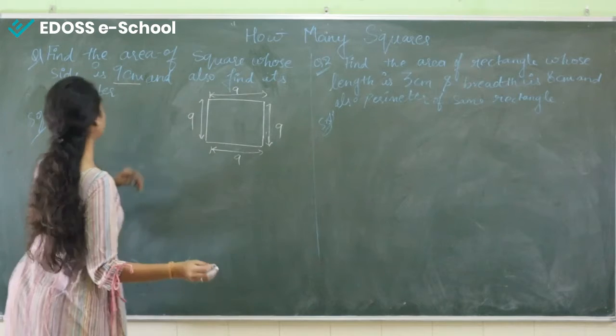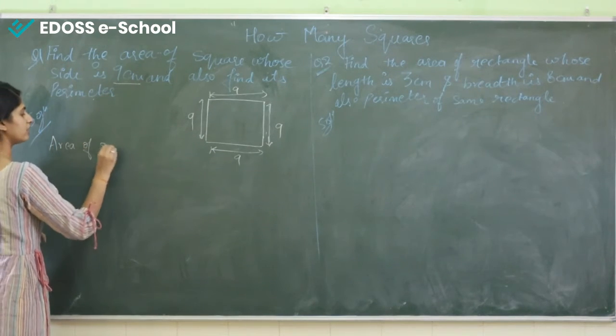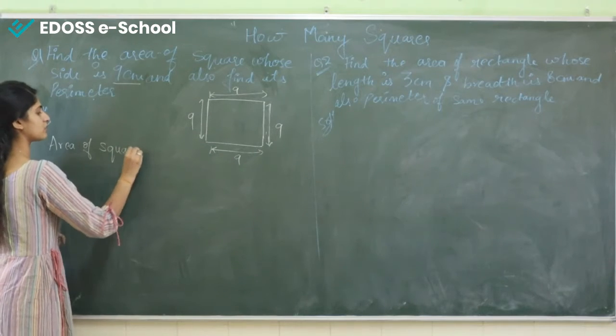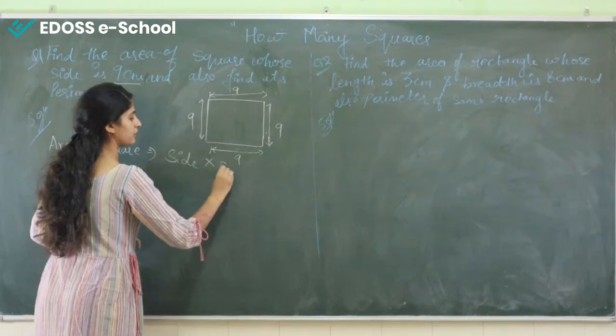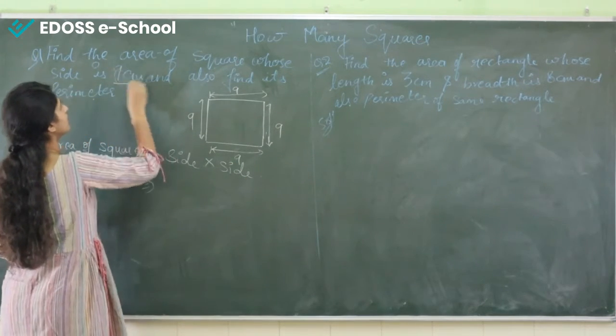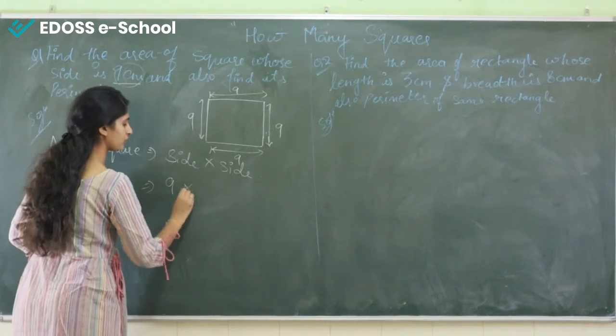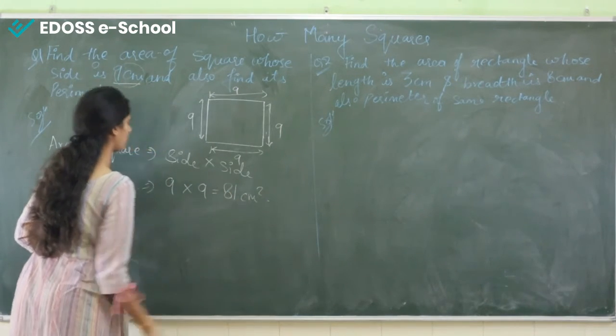So we have to find the area. As we know the formula, area of square is equal to side into side. So side is given 9 centimeter, 9 into 9, that is 81 centimeter square.